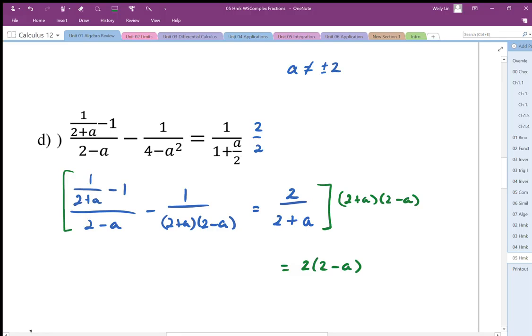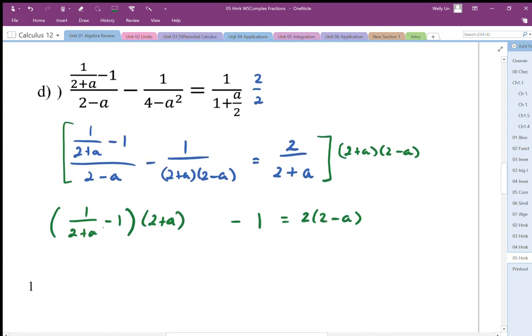The 2 plus a, 2 minus a's cancel, so I'm just left with minus 1. Here the 2 minus a's cancel, so I'm just going to write an extra step there. I end up with 1 over 2 plus a minus 1. And when the 2 minus a's cancel, I'm still left with 2 plus a.